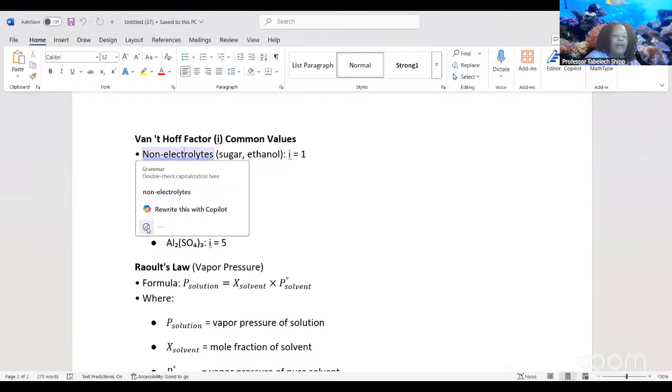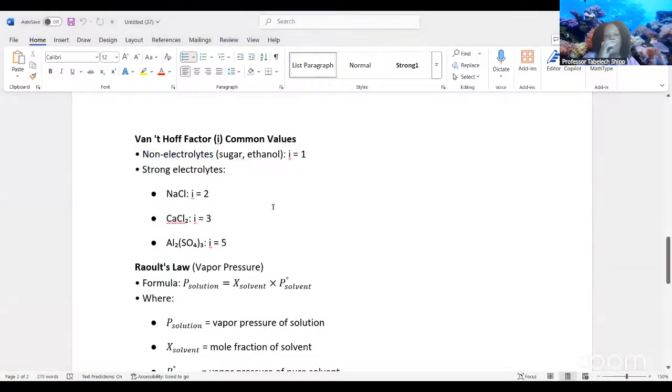So right here, as you can see, the Van Hoff constant means that if you have a non-electrolyte, like sugar or ethanol, your Van Hoff constant is going to be equal to 1, okay? Your little I is going to be equal to 1.